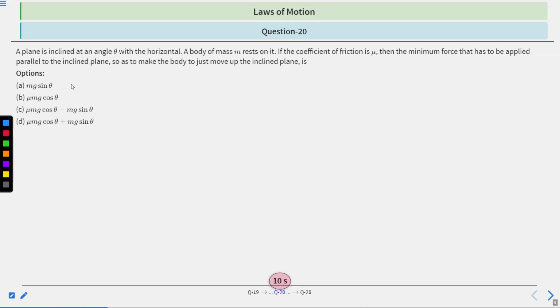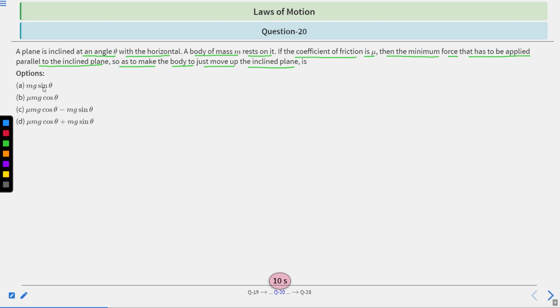Question 20. A plane is inclined at an angle theta with the horizontal. A body of mass m rests on it. If the coefficient of friction is mu, then the minimum force that has to be applied parallel to the inclined plane so as to make the body just move up the inclined plane is what?